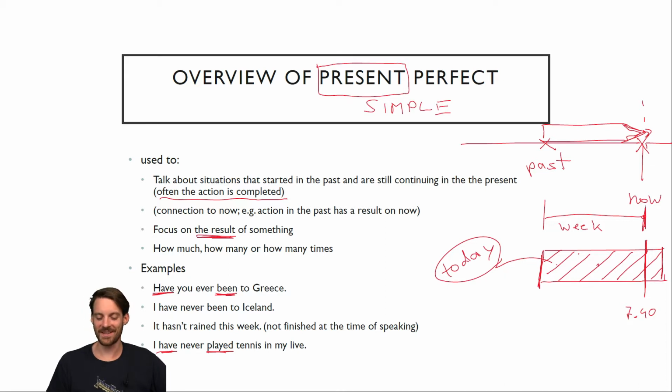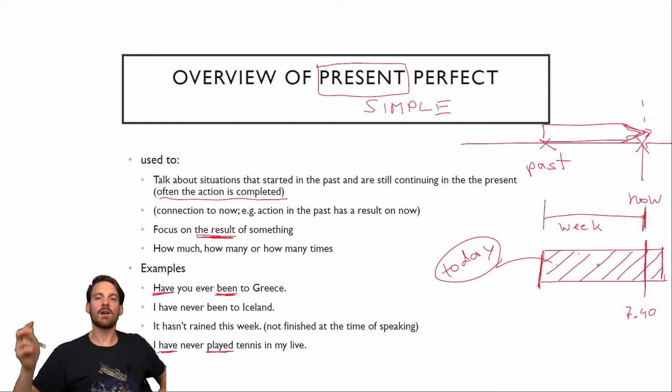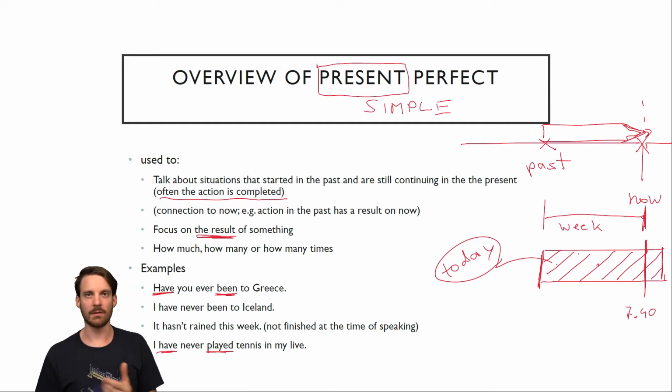I think that's really good. How do I explain it? Just focus on this, and of course you need to know how to form it. But if you use the present perfect simple, then you will know how to form it.